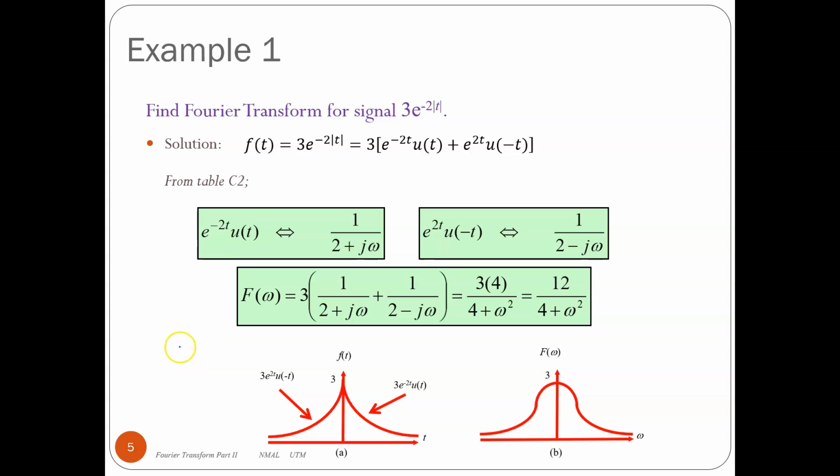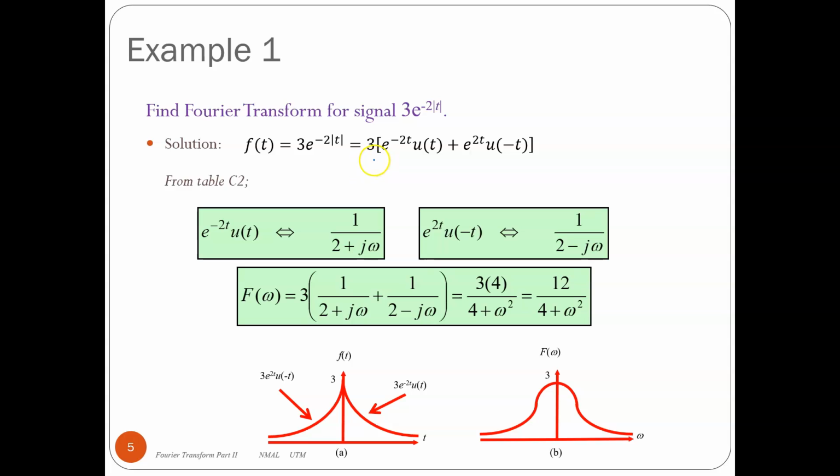The first example shows you how to use the linearity and superposition property to find the Fourier transform for the signal given as 3 exponent negative 2 magnitude t. For the solution, we open up the equation.